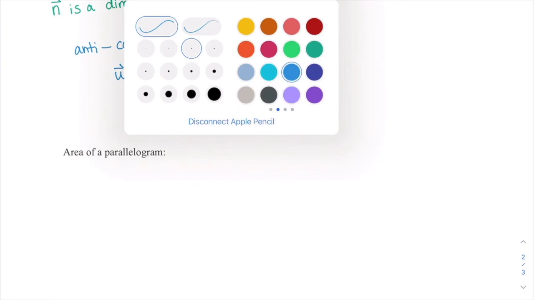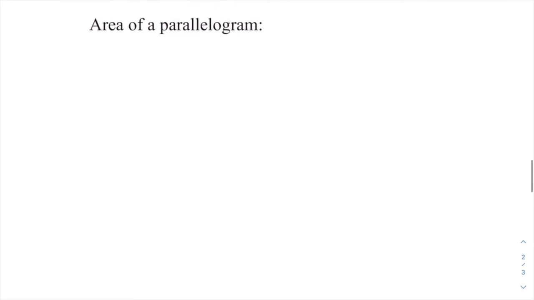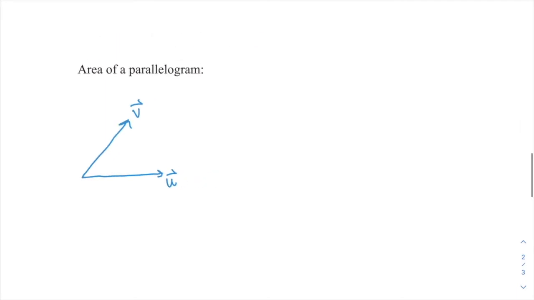So for example, if we go back to our U and V vectors, like this, then we know taking the cross product between the two will give us a vector in this direction, the normal direction to both of them, but the magnitude of it is equal to the area of this parallelogram made by sliding the U vector up in the direction of V. So the parallelogram that this traces out, the area of it is equal to the magnitude of the cross product.